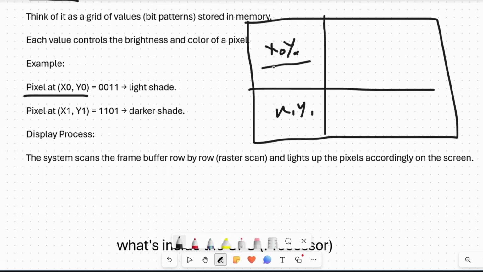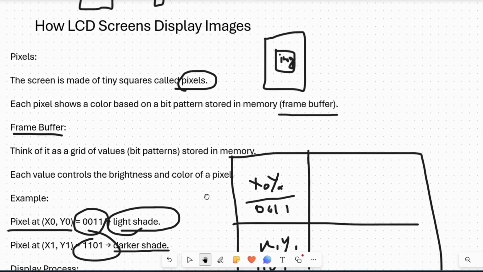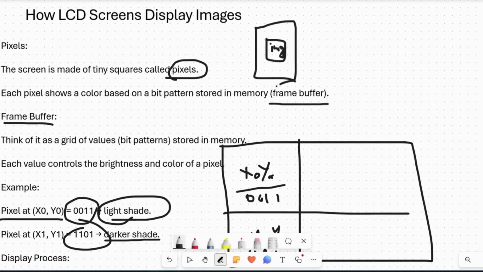The value of x0 y0 is 0011, which indicates a light shade, and the value of x1 y1 is 11011101, which is a darker shade. So these two types of pixels show output in different ways. The first one is a light shade, the second one is a dark shade. These values are stored in the frame buffer in a pattern.